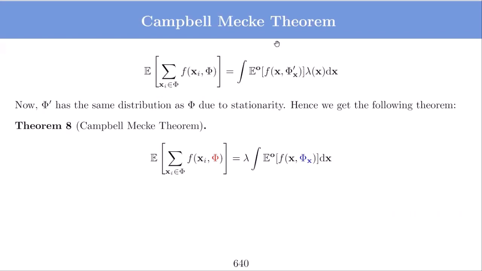So whether you compute the expectation with respect to phi dash or phi, you get the same result. So I can just replace phi dash by phi here, and the result will not change. Of course for stationary, lambda x would be lambda, so I get lambda times the integration over R^d of the Palm expectation, conditional on a point at origin, of f(x, phi x) dx.